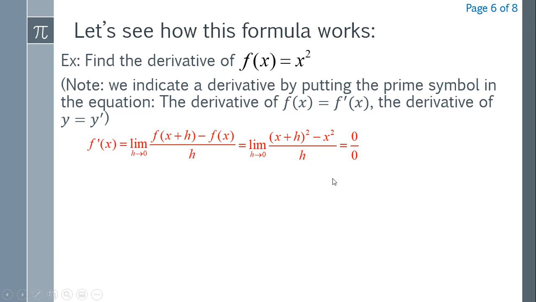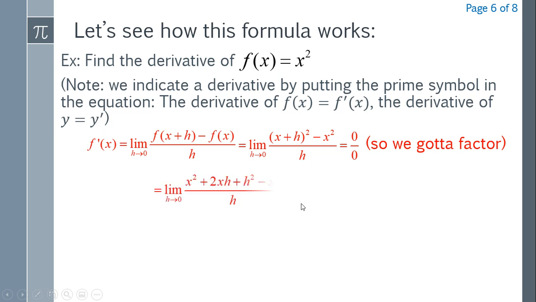But we have to do a little bit more investigating. So we're going to have to factor this. Well, what can we do with x plus h squared? We could FOIL that and come up with x squared plus 2xh plus h squared, minus x squared, still divided by h.